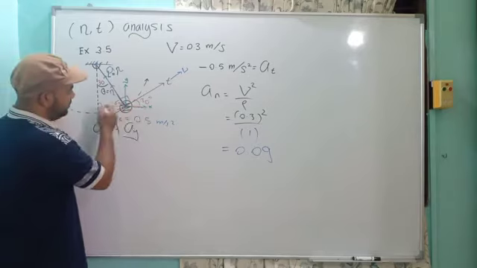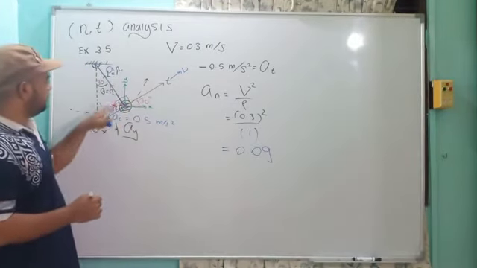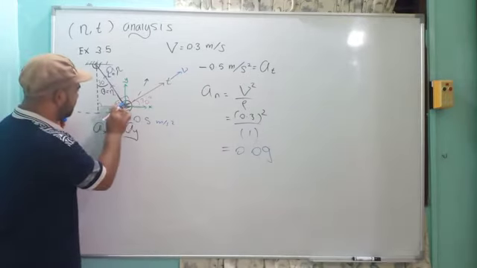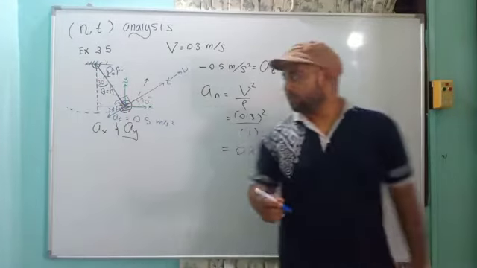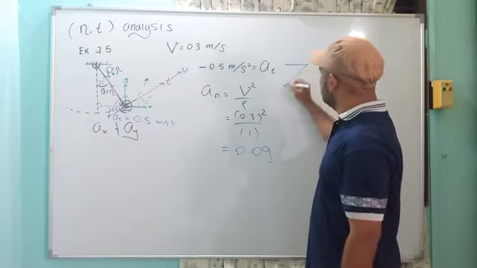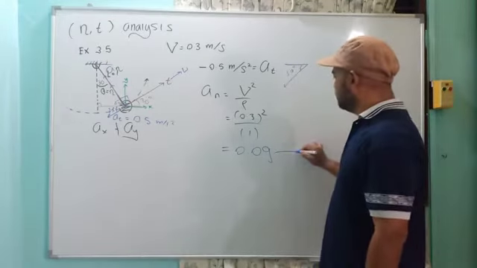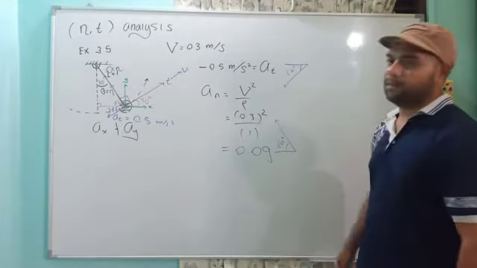This is again 30 degree. Okay, so A normal up until here is 60 degree. So now we have A tangent going this way 30 degree, A normal going that way 60 degree.